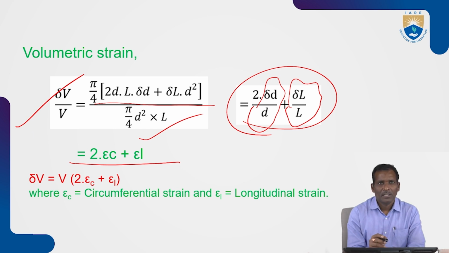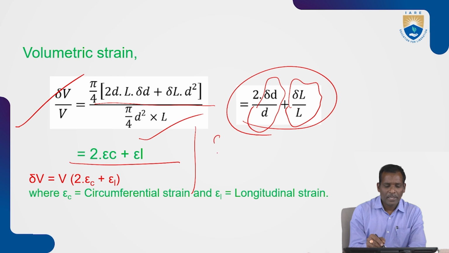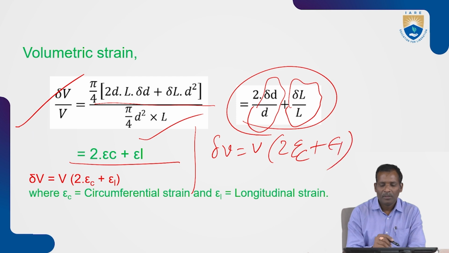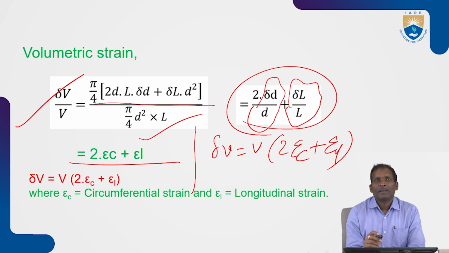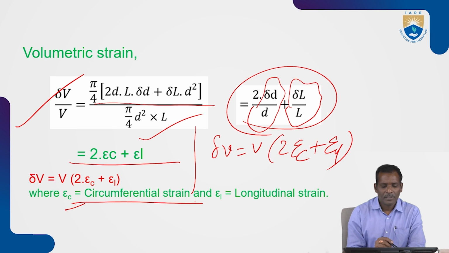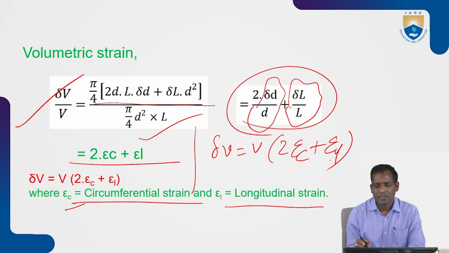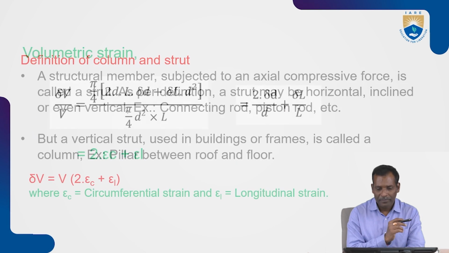So finally, delta V you can write as V multiplied with the circumferential strain and longitudinal strain. Where the circumferential strain and longitudinal strain, epsilon C and epsilon L, are substituted, finally we get the volumetric strain.